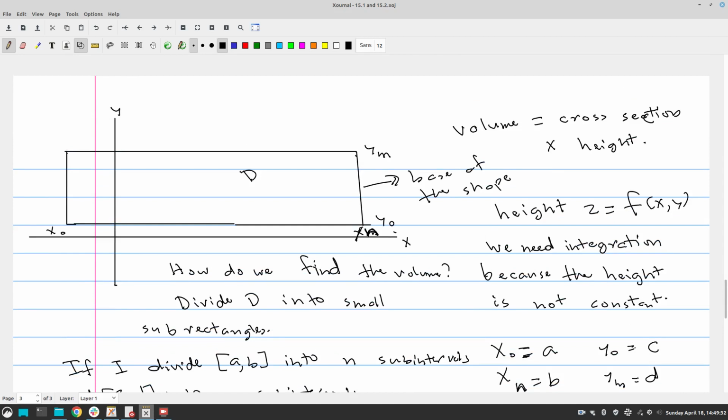So let's draw the rectangles. Sorry about that.